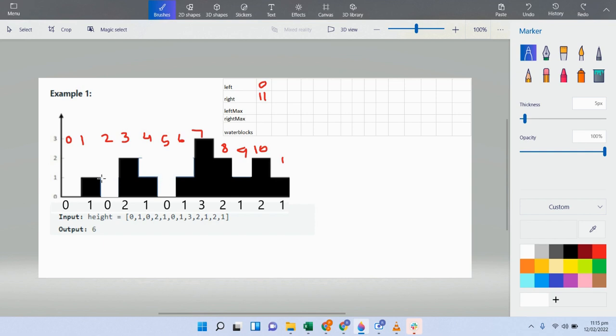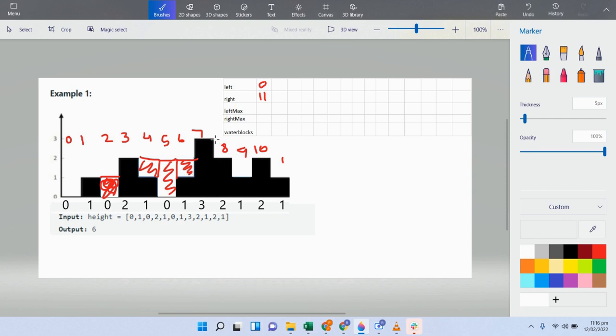If you measure how much water it can keep, one block of water can come on this place, and one block of water can come on this place. Another two blocks of water can come at this place, right? One block of water can come at this place.